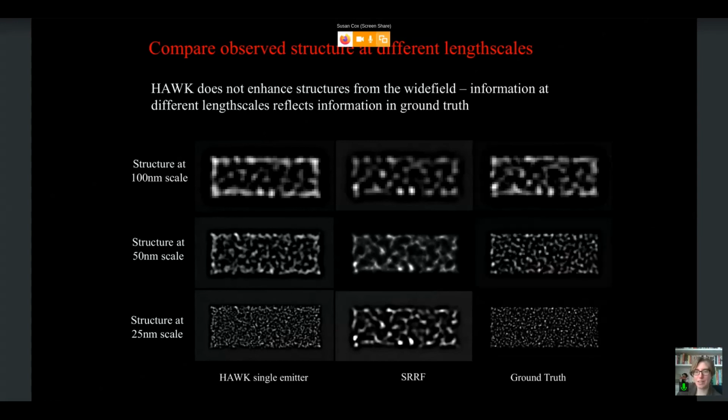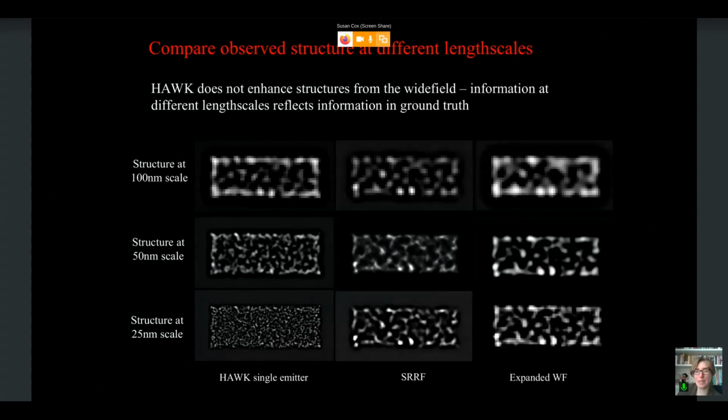So if instead of the ground truth, I use the expanded wide field, which is what we use in Squirrel, at the 25 nanometer length scale, we get something which is more similar to an artificially sharpened image. And that's because the artificial sharpening boosts these frequencies that are most dominant in the wide field. So it's a great method for looking at the linearity at and above the wide field, but if you need to go below the resolution limit, you need to take another approach. And that's what we think we've got a good way of doing now.